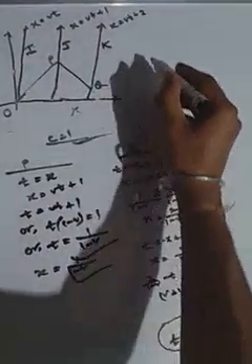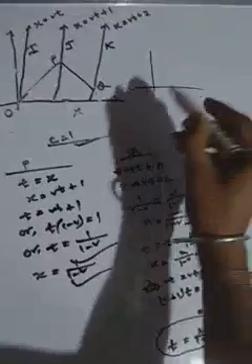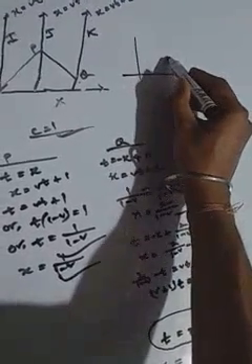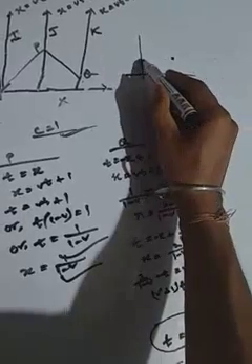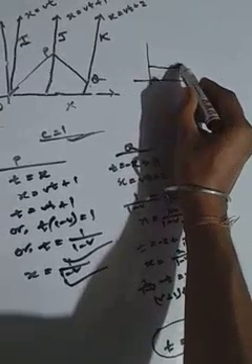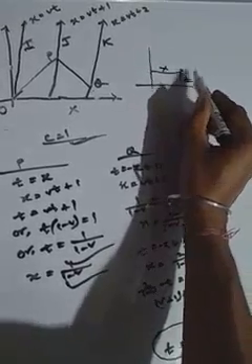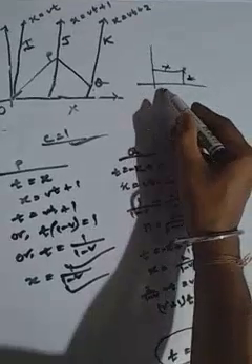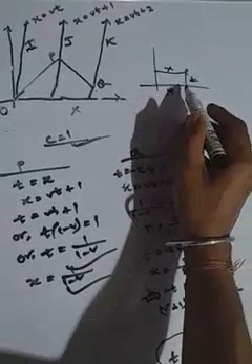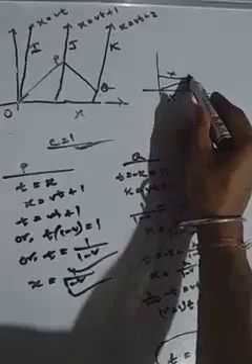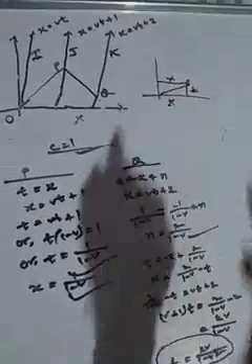See, we just take another axis and any point, let this be the value of x and this be the value of t. So if we do t by x, we will find tan theta.